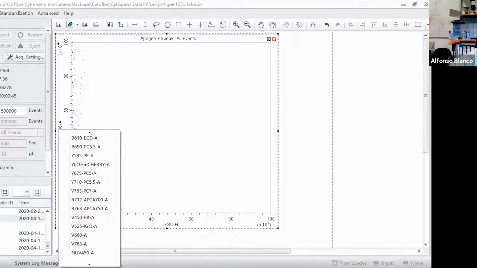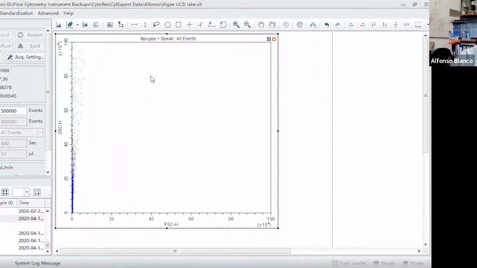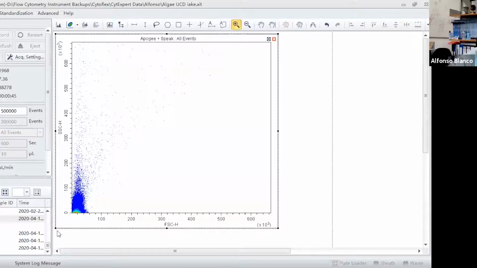And again, you can do this with any other instrument. This is what we are working with, gains. In other instruments, you're working with voltages. But you can see that the data is quite compressed there. You don't see it. Okay, we can zoom, and you can look at that.